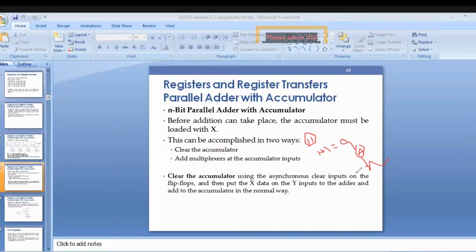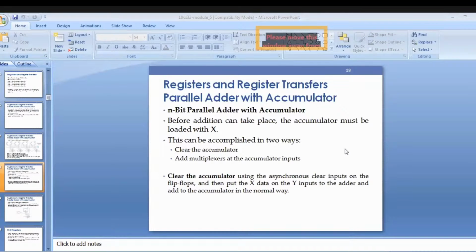This can be either clearing the accumulator, adding with the multiplexer, or adding the inputs, or subtraction, multiplication, anything you can do with the help of accumulators. See here, if you clear the accumulator using the asynchronous clear inputs, then you can put the values in the X and Y inputs, then add, and check how the accumulator behaves.